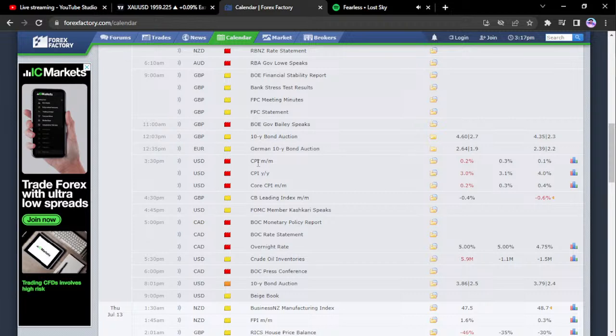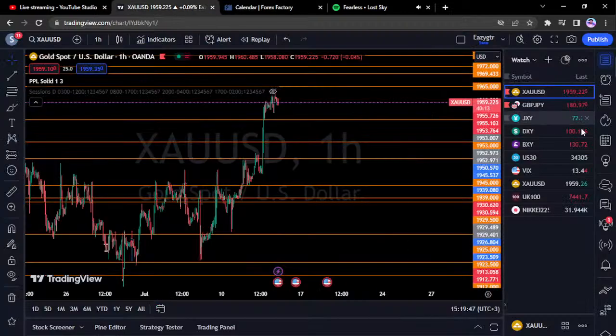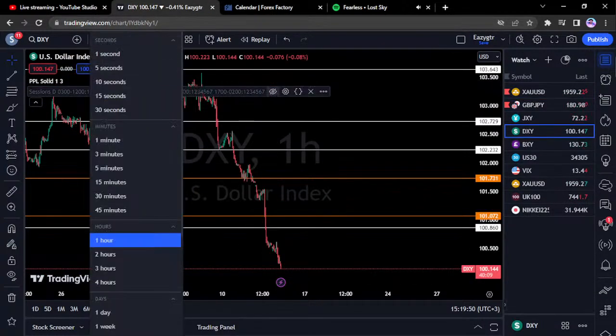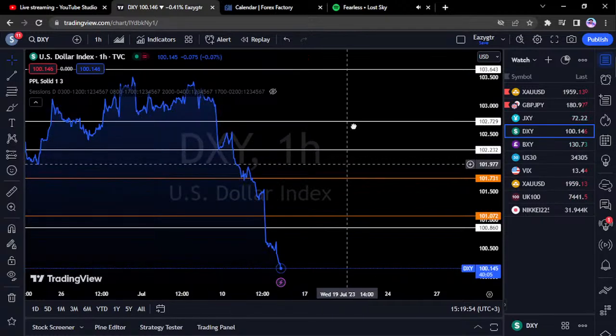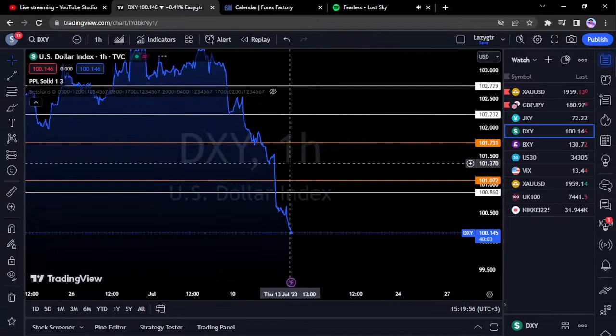For the dollar to remain bearish, as you can see, the dollar is still bearish. For the dollar to remain bearish today on intraday flows, we will need to see the initial jobless claims showing larger and consecutive increases.